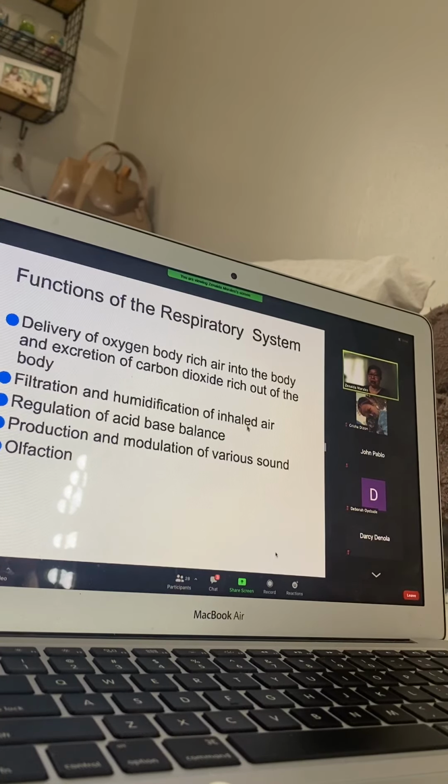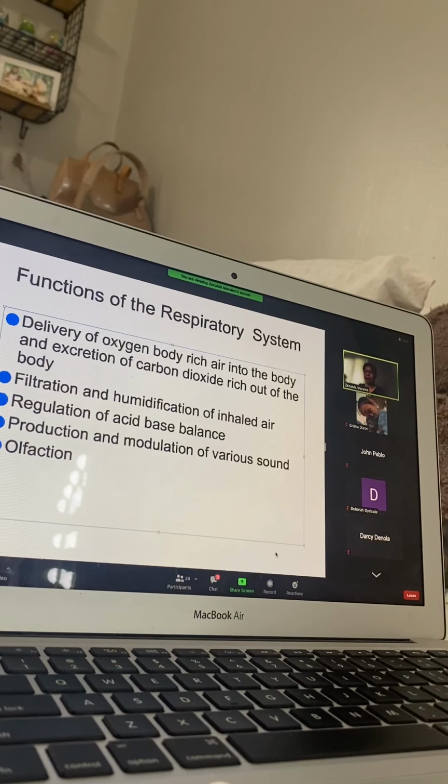Filtration and humidification of inhaled air. How is air being filtered by your respiratory system? Anyone? How is the air we inhaled being filtered by your respiratory system? What are some of the structures that help in the filtration and humidification of the air that we inhaled?